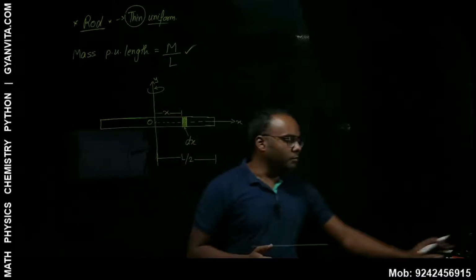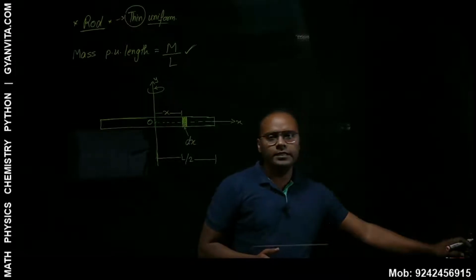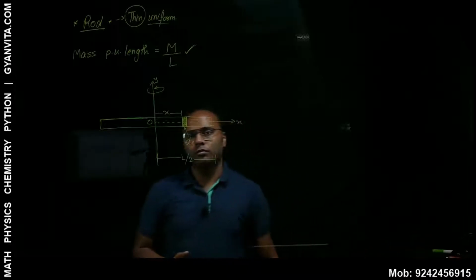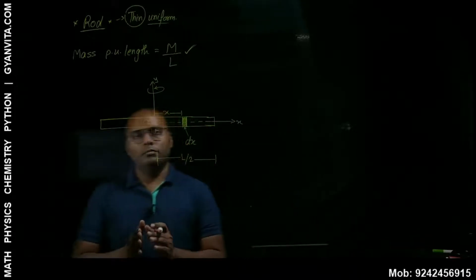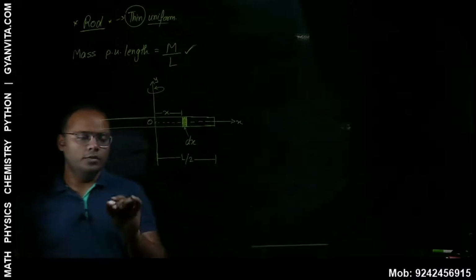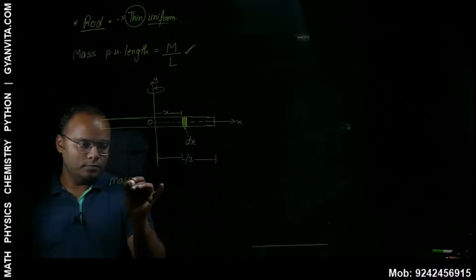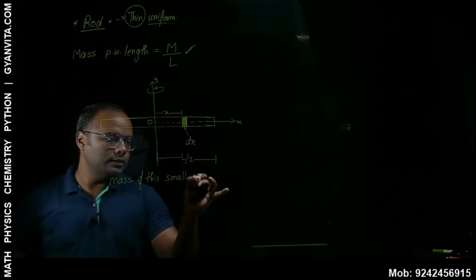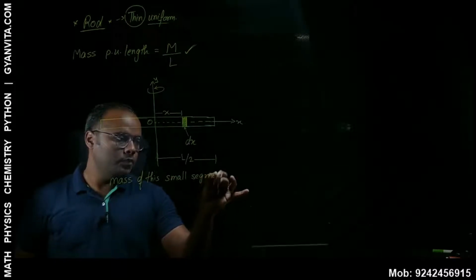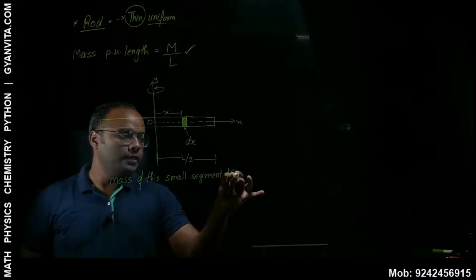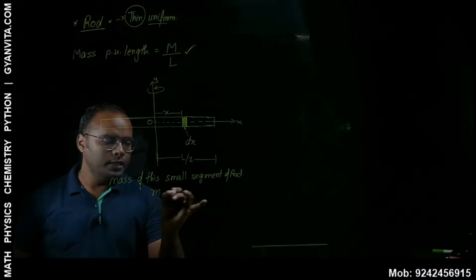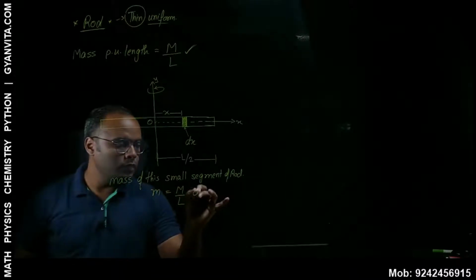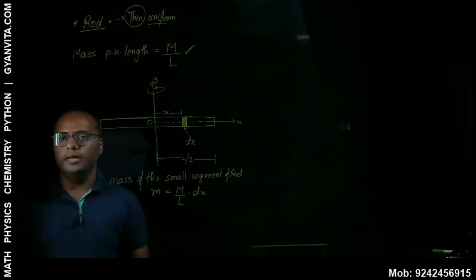The mass of this segment will be the mass per unit length into the length of this segment. Let that be dm, which equals m by L into dx. So that is the mass.